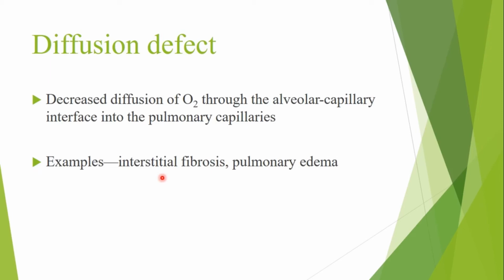For example, interstitial fibrosis is going to result in a decrease in the diffusion of oxygen, and in pulmonary edema, fluid accumulates between the alveoli and pulmonary capillaries, and this fluid is going to prevent adequate diffusion of oxygen from the alveoli into the pulmonary capillaries, resulting in hypoxemia as well.